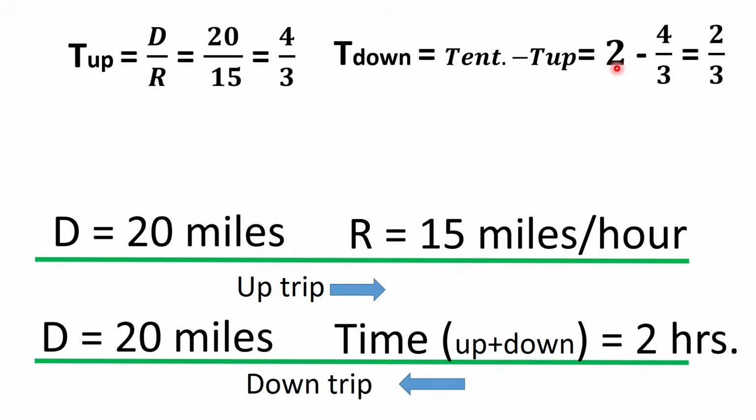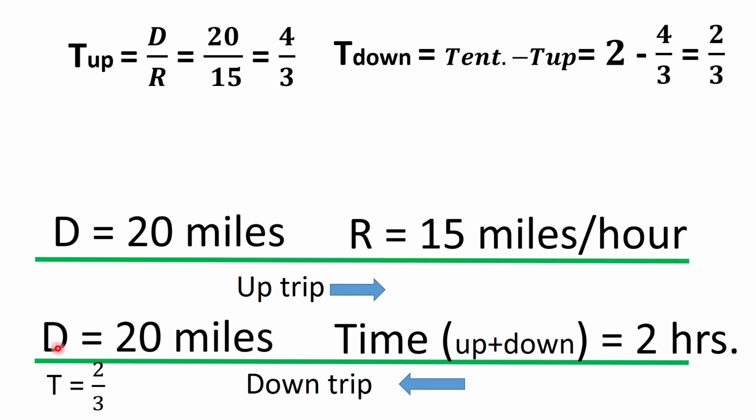The entire trip time is 2 and the up trip time is 4 divided by 3, so it will give us 2 divided by 3. So 2 divided by 3 hours is the time taken in the down trip, t equal to 2 divided by 3.